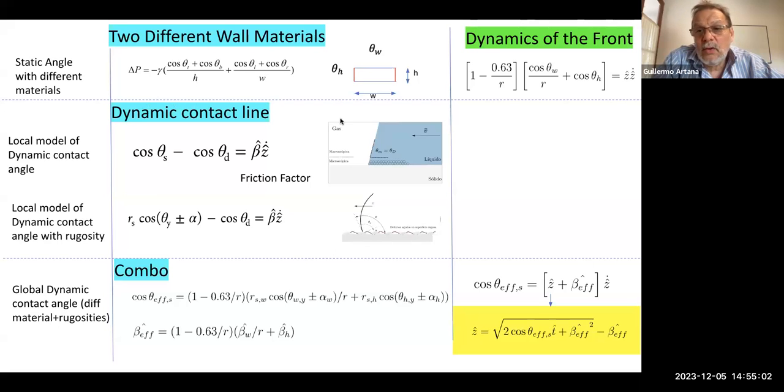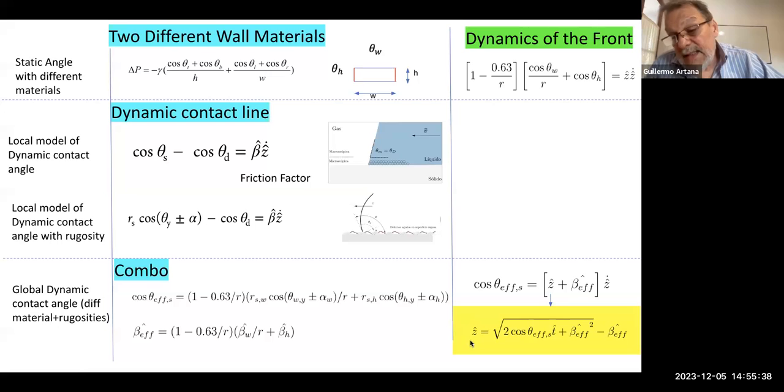If you combine all these things, the equation that you achieve has an effective friction factor and an effective dynamic contact angle. When you incorporate this in the conservation equation, you achieve an equation that relates the dynamics of the front to these two coefficients that appear here.